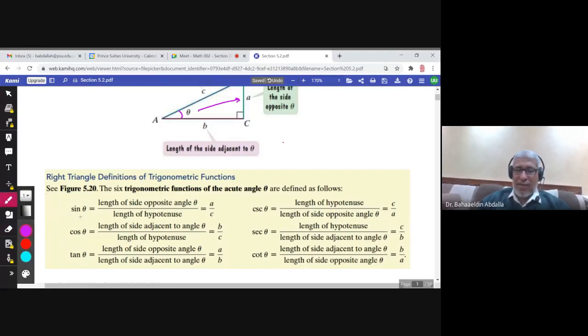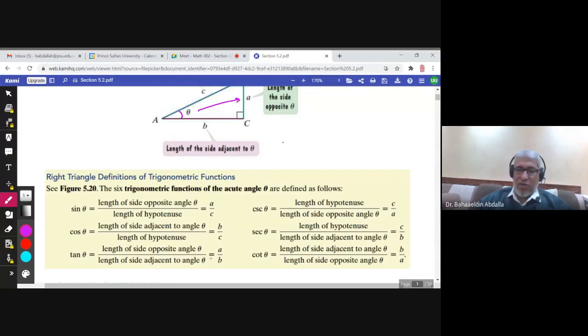So sine theta is A over C, cosecant theta is C over A. Secant theta is the reciprocal of cosine theta. So cosine theta is B over C, and secant is C over B. Cotan theta is the reciprocal of tan theta. So tan theta is A over B, cotan theta is B over A.